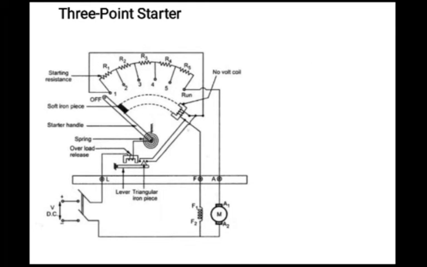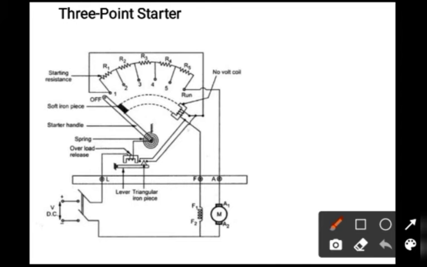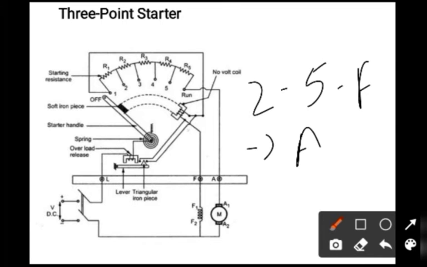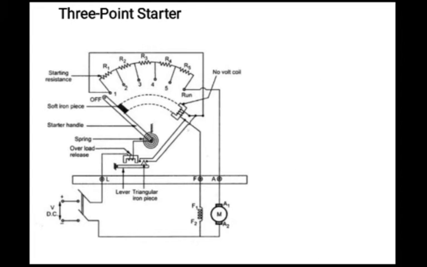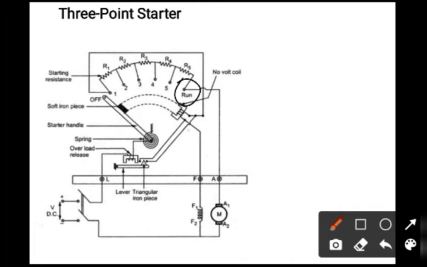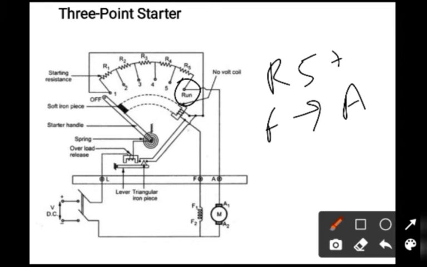When the handle is at the second position, the current path will be 2 to 5, then the final position and then the armature circuit, that is R2, R3, R4, R5 and the armature. Now at the final position, the current flows through R5, the final position and the armature of the DC motor.